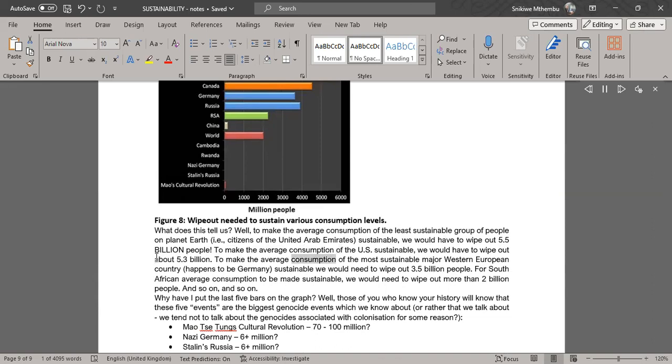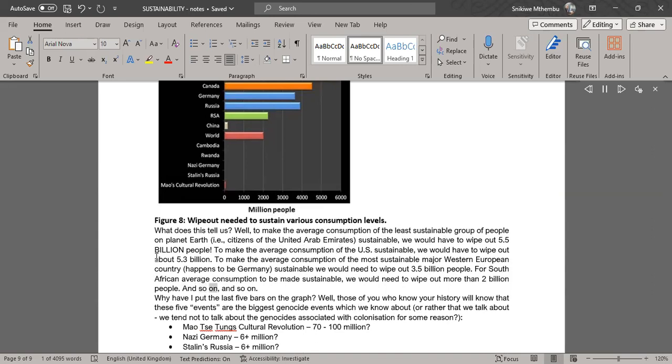To make the average consumption of the most sustainable major Western European country, which happens to be Germany, sustainable, we would need to wipe out 3.5 billion people. For South African average consumption to be made sustainable, we would need to wipe out more than 2 billion people.